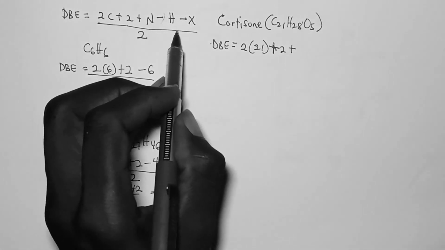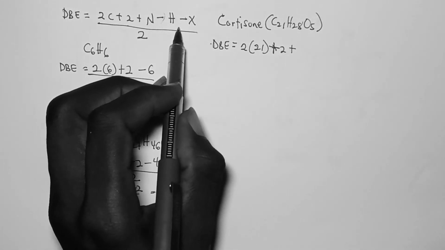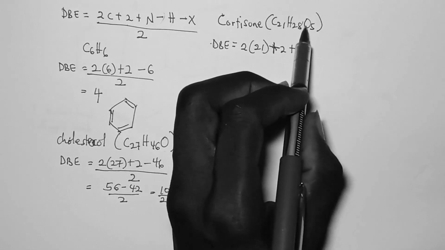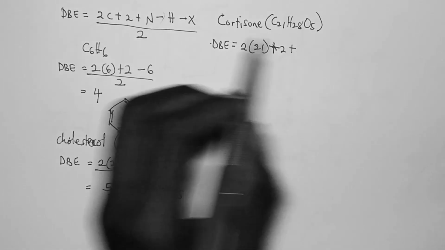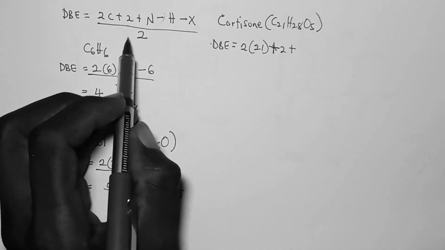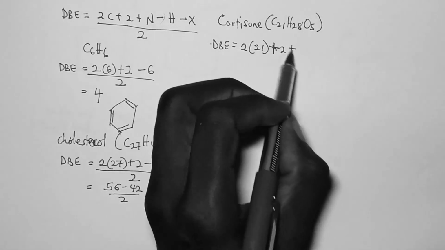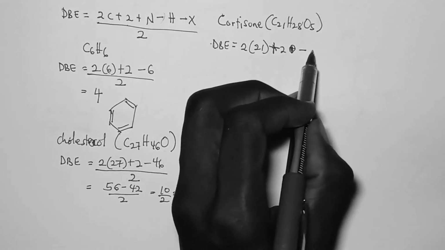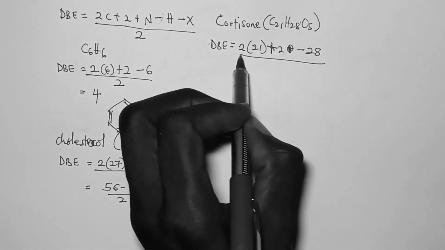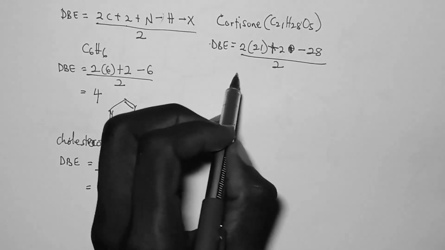And then there are no halogens too, so that portion is also 0. Then the oxygen does not feature in the formula, and therefore that is also 0. So we are just going to subtract 28 from it, divided by 2.